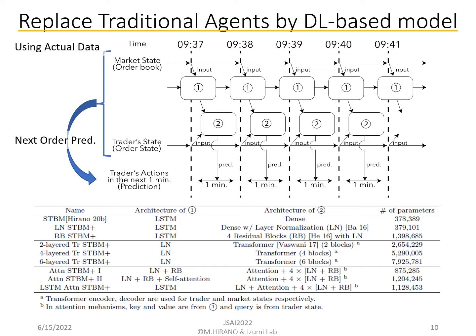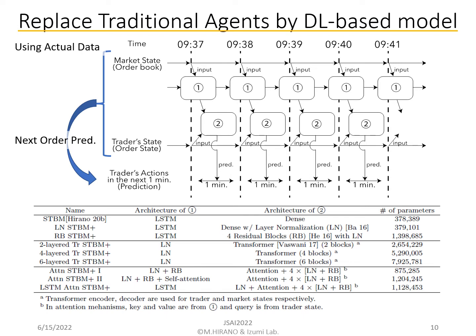In this model, we built the model based on the deep learning architecture using the actual data. We made 9 patterns of deep learning architecture, and to build the model, we employ next order prediction.